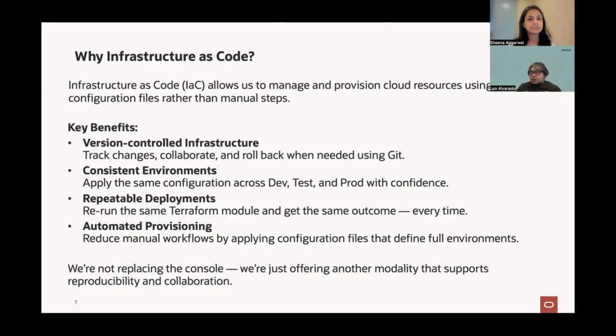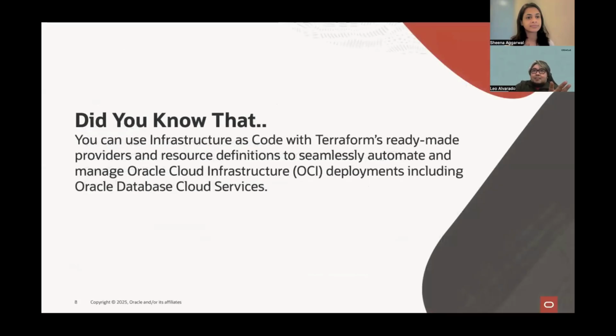If your team needs to deploy the same environment multiple times, for example, to create multiple environments for development, test, UAT, and prod, then you can apply the exact same configuration with consistency.